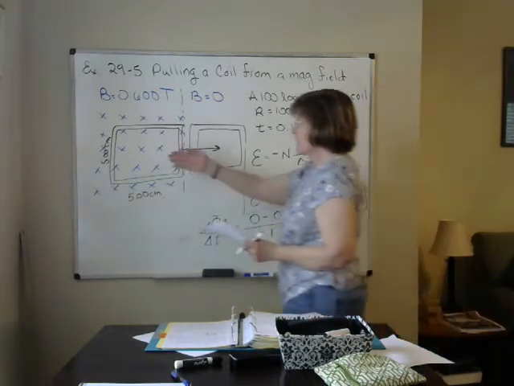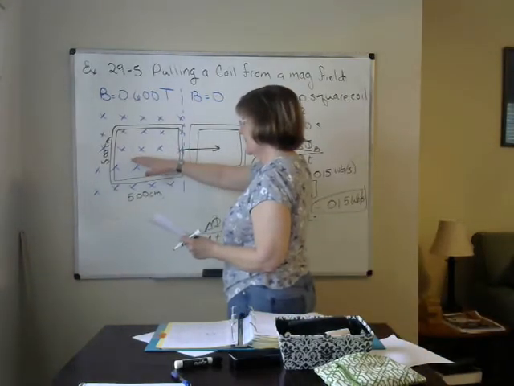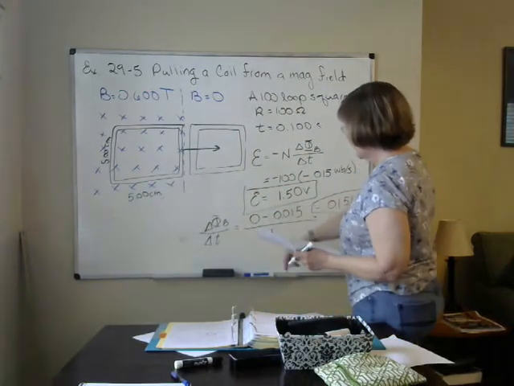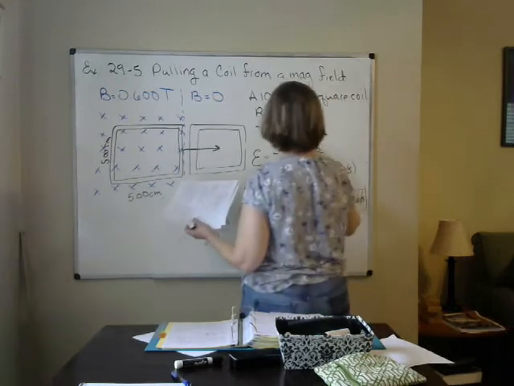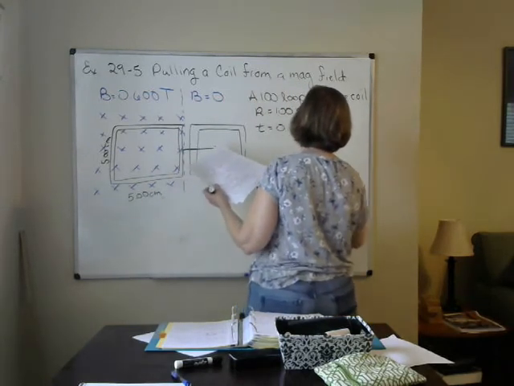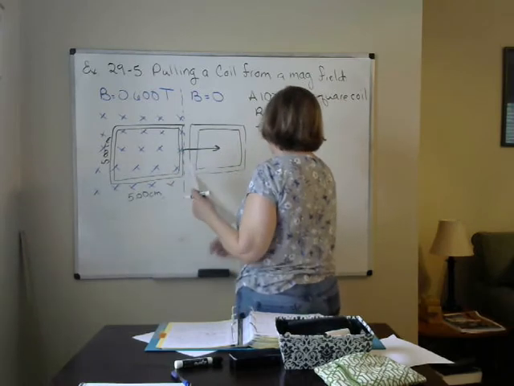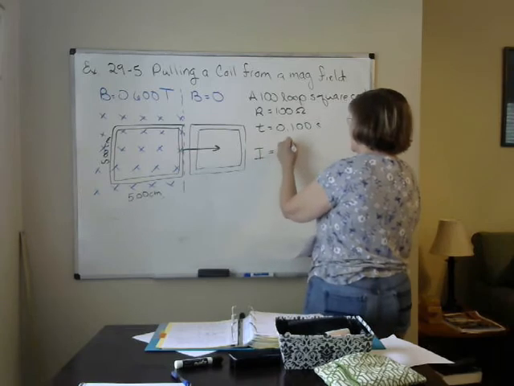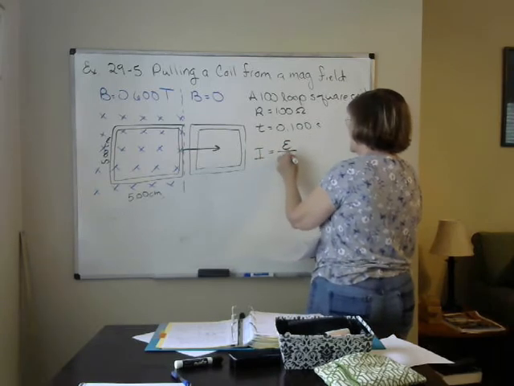How much flux did I have to begin with? B times A. How much did I have to end with? Change in flux over the time. Okay. The next question they want to know is how much current. Well, current is going to equal that EMF divided by the resistance.